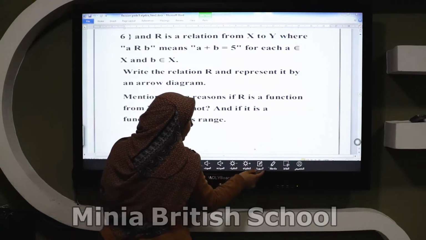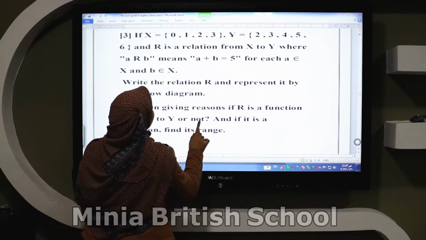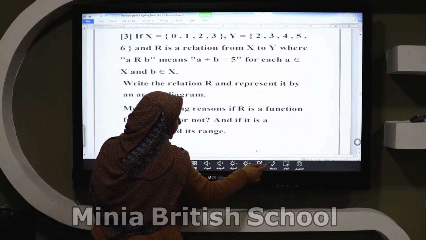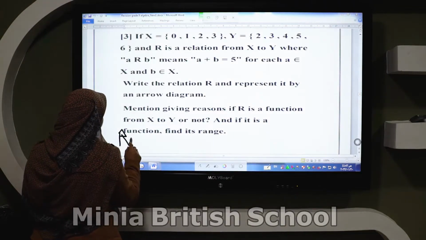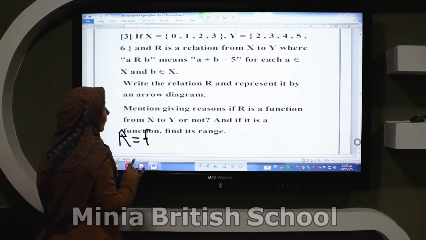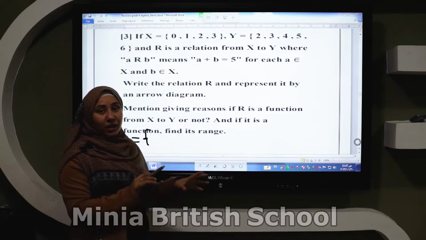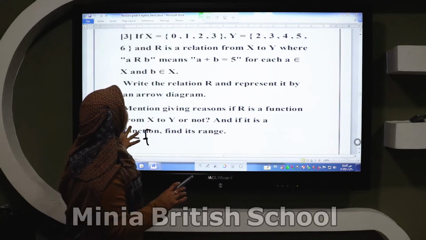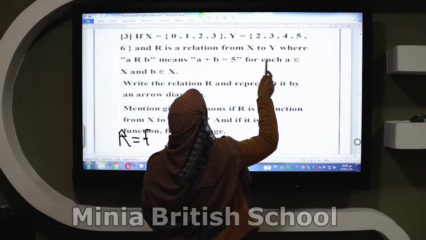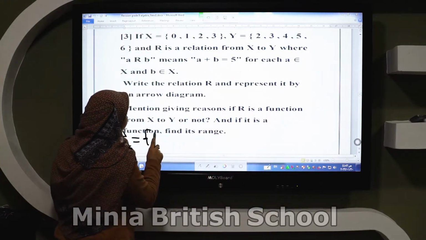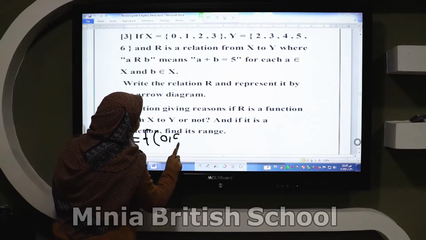So the relation here, I need to write the relation between them. The relation is A plus B equals 5. The first element belonging to x is 0. 0 plus what equals 5? 0 plus 5, so the first ordered pair is 0 and 5.